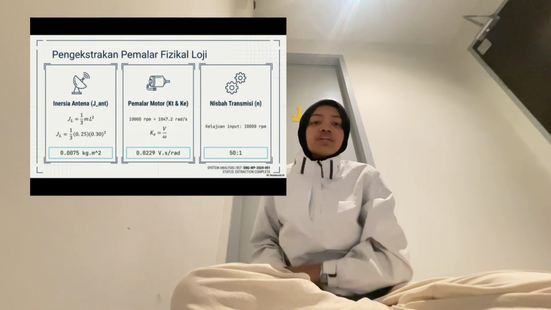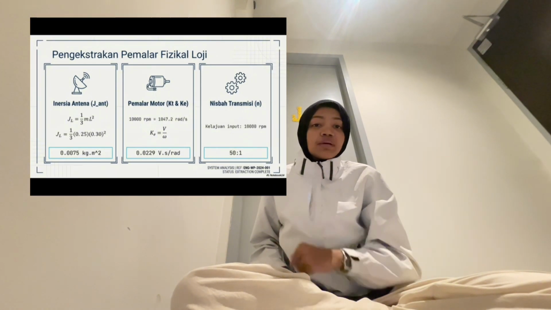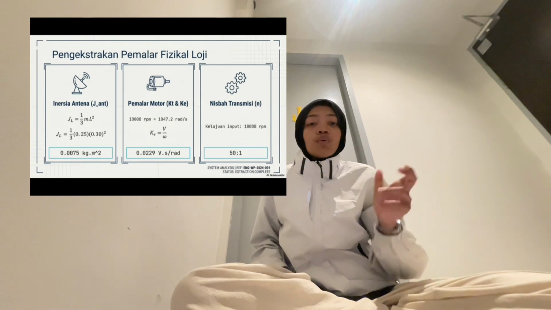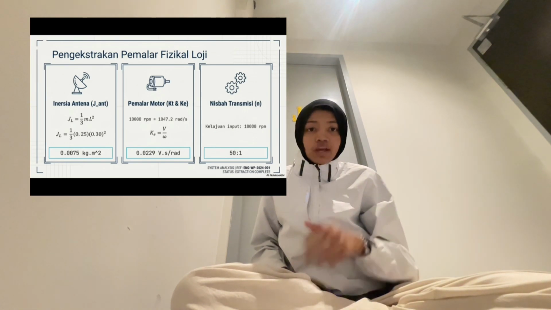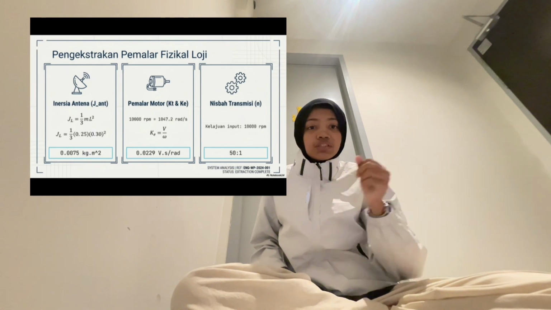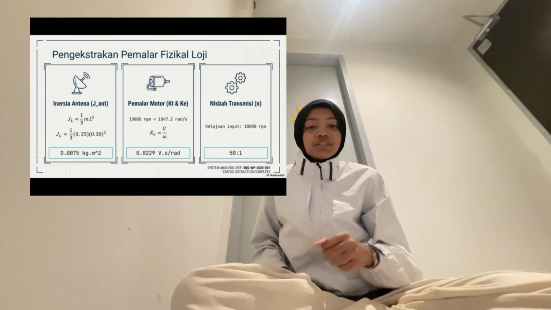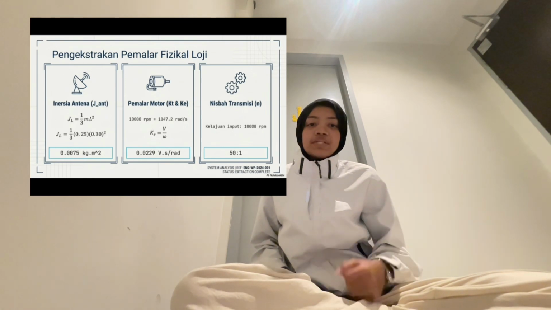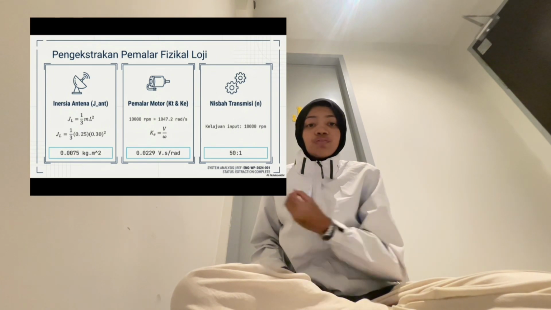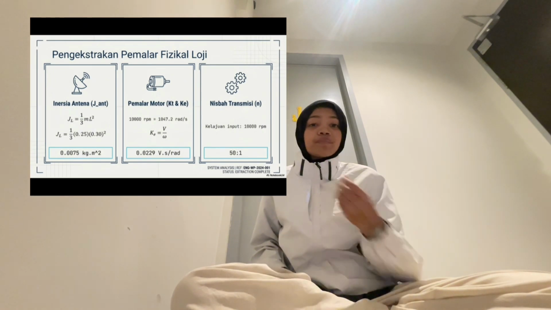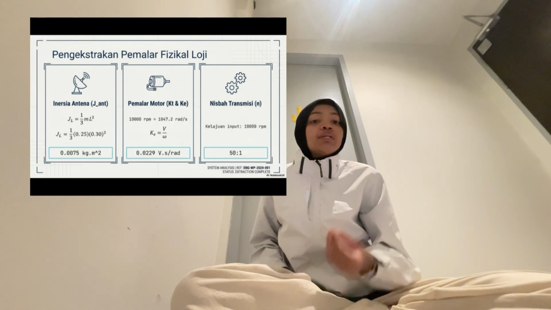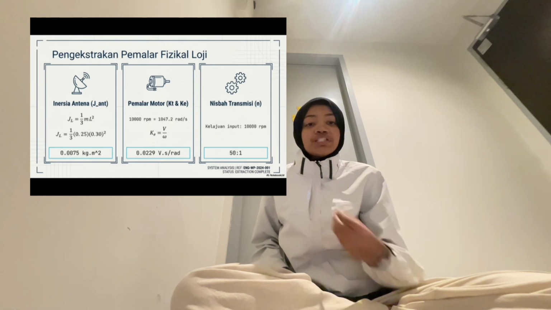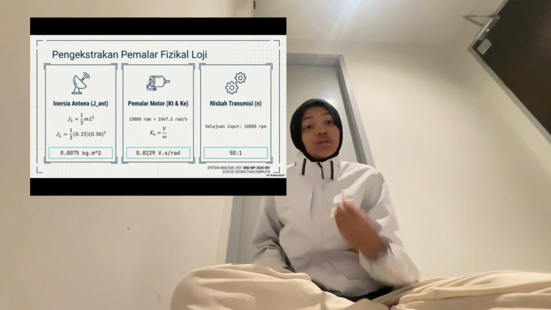These constants relate the electrical energy supplied to the motor with the mechanical output produced. Finally, we calculate the viscous friction coefficient B, which represents the energy loss due to friction inside the motor. These physical parameters are essential because they form the foundation of our mathematical model.